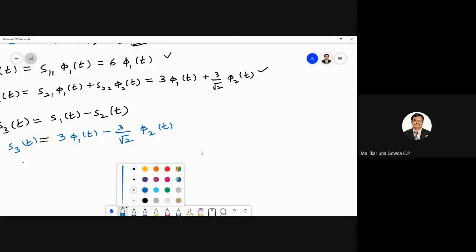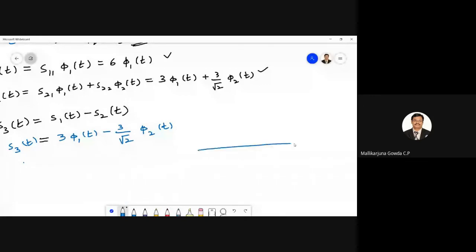Signal constellation diagram. See, two orthonormal basis functions are there, right? One is pi 1 of t, you can take that as the x-axis, and another one is pi 2 of t. Okay, you can mark the scale according to your convenience, right?